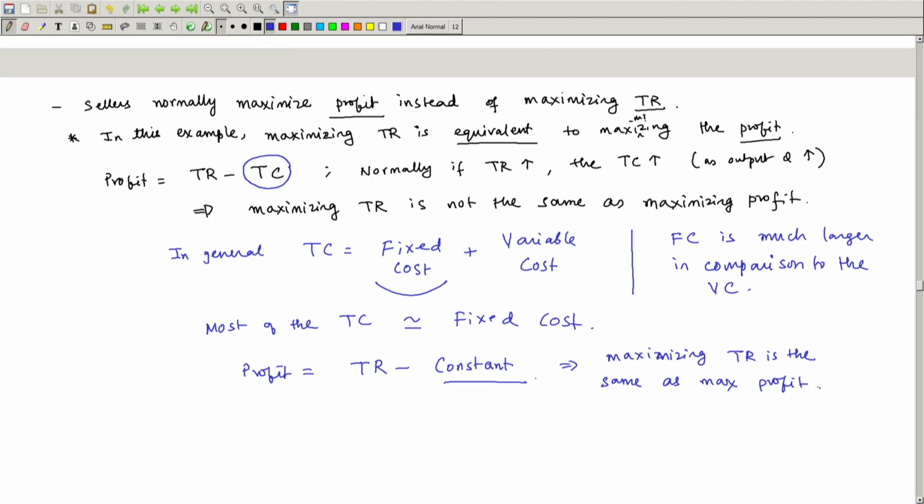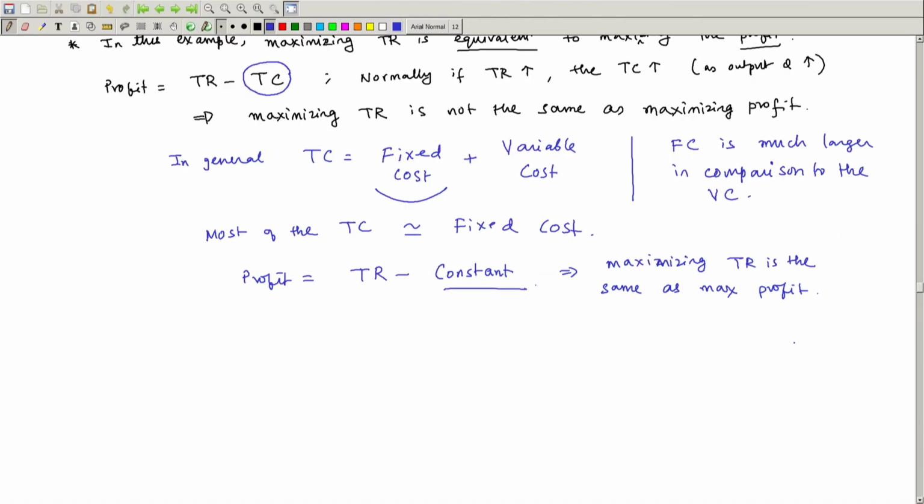Notice, we are not saying that the magnitude of profit and the magnitude of total revenue are going to be the same. That is not what is being said. What we are saying is that if my objective was maximizing total revenue, that is as good an objective as maximizing profit.